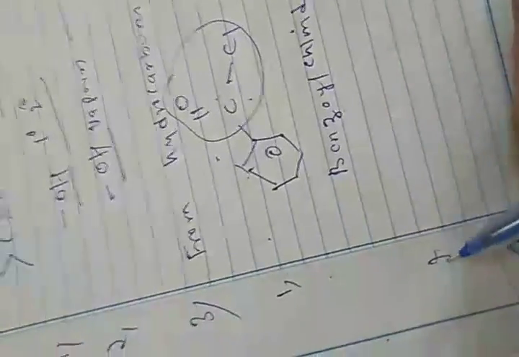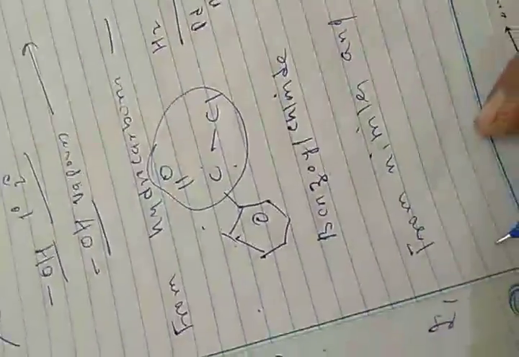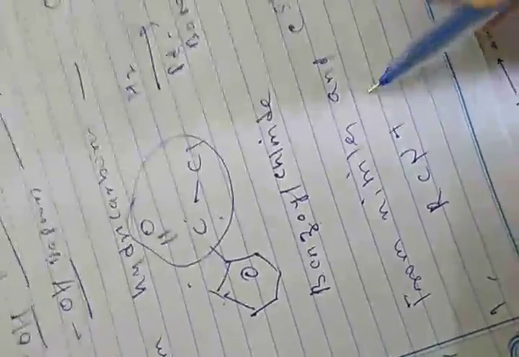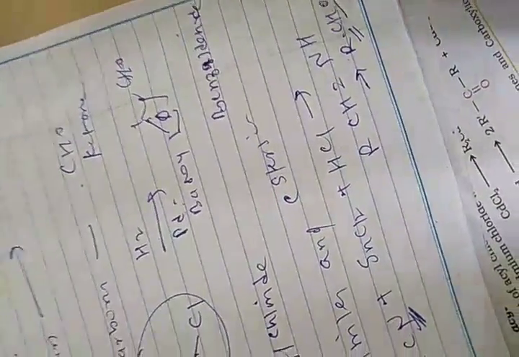Now second, from nitriles and esters. First, RCN, nitriles, with the suitable condition SnCl2 plus HCl in acidic medium, is converted into RCH double bond NH, the imine. Further it is converted into RCHO, where R means a simple alkyl group, and aldehyde.